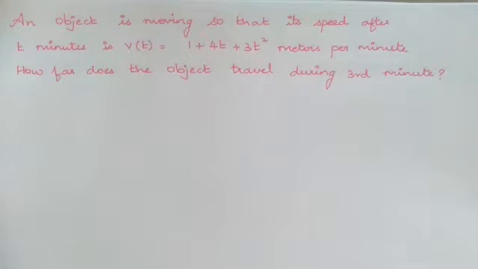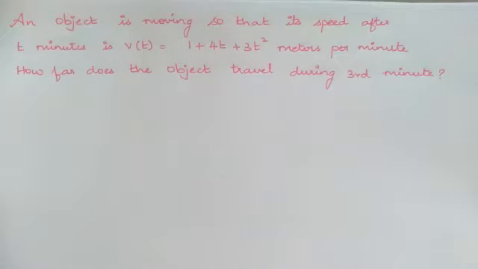In that duration, how much distance is the object going to travel? This is our question. We are given the speed with which the object is moving. This is nothing but the velocity of the object, the rate of change of displacement. So we are given the rate of change in position of an object.